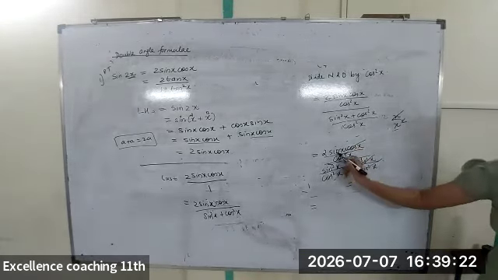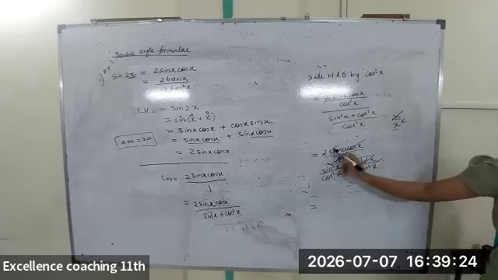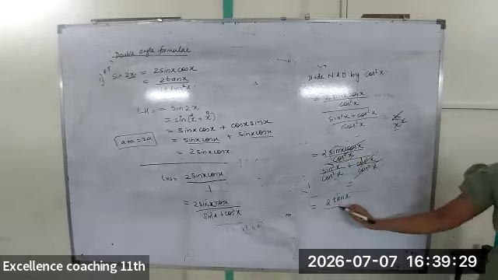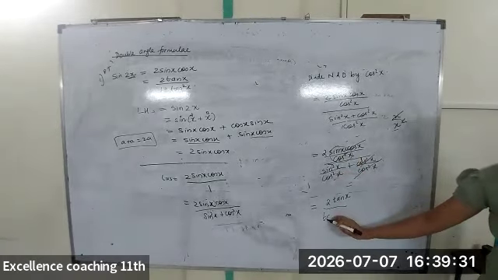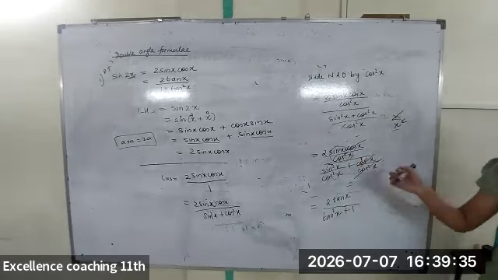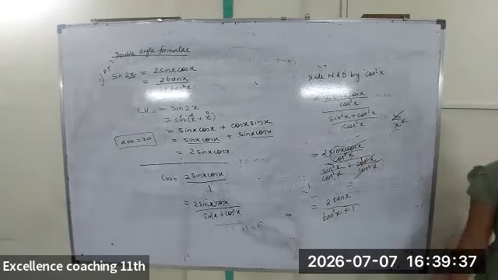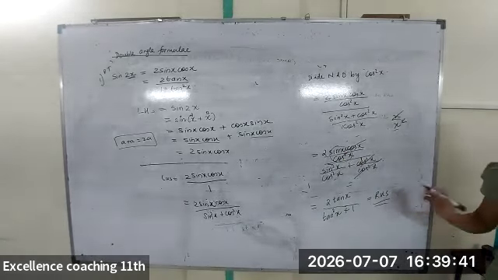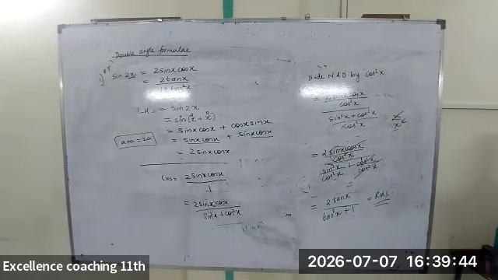Now you'll get the answer. What is sine upon cos? Here, tan. What is sine square upon cos square? Tan square. Although 1 is this side and this is this side, doesn't matter. It's the same. This is how we will get the answer.